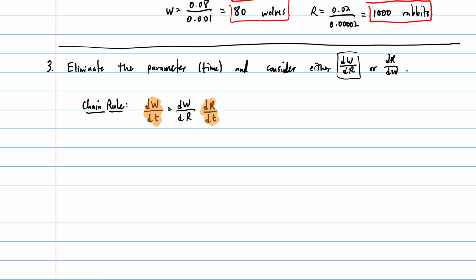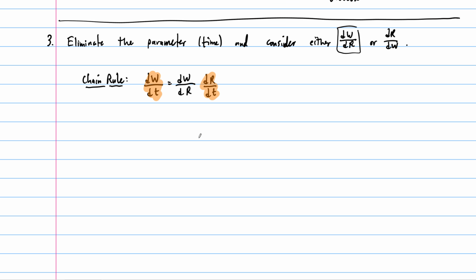So if we assume that the rabbit population is changing, that it's not zero, then we can divide through. We're not going to be able to solve this anyway in this case. Rearranging, this is still obviously a property of the chain rule. So dW by dr is the same as dW by dt divided by dr by dt.